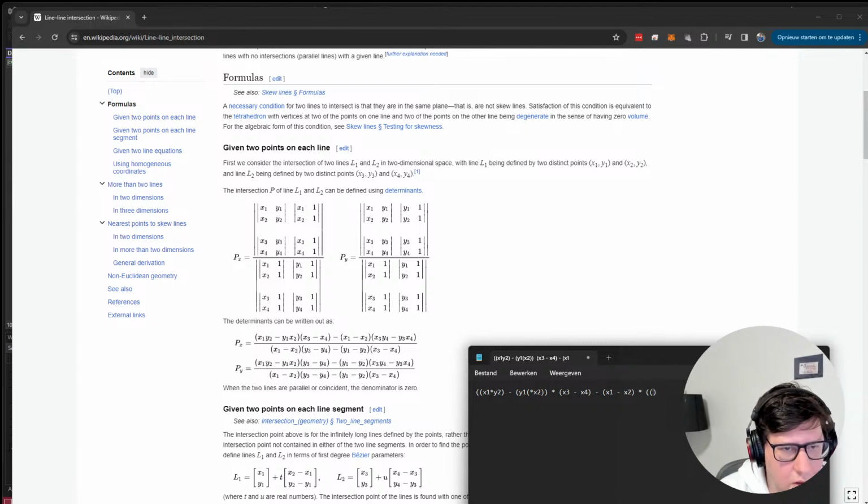This would be x3 times y4. So you just put your coordinates into that equation and call it a day. Well, let's first see what this spits out. I'm not there yet. Where was I? This one minus. Yes, if there's no operator, multiplication is implicit. Yes.